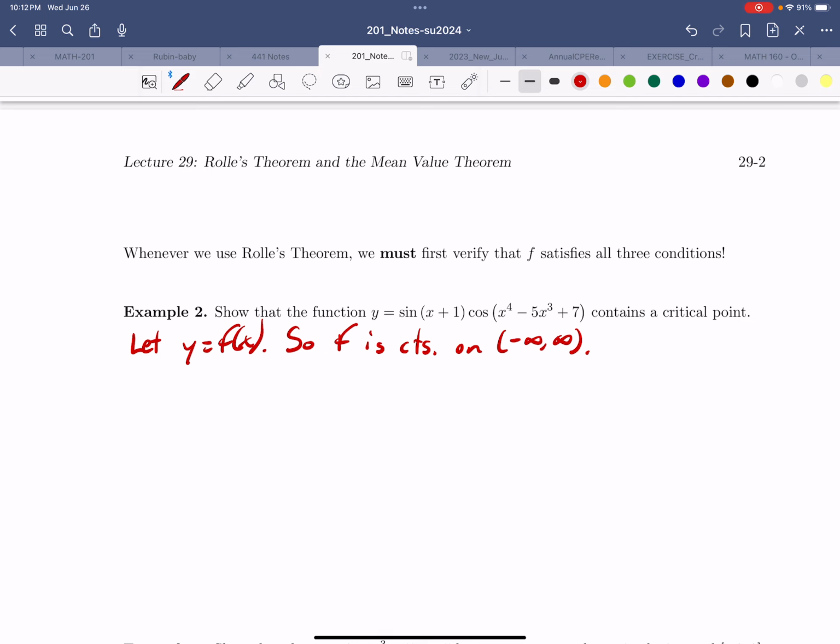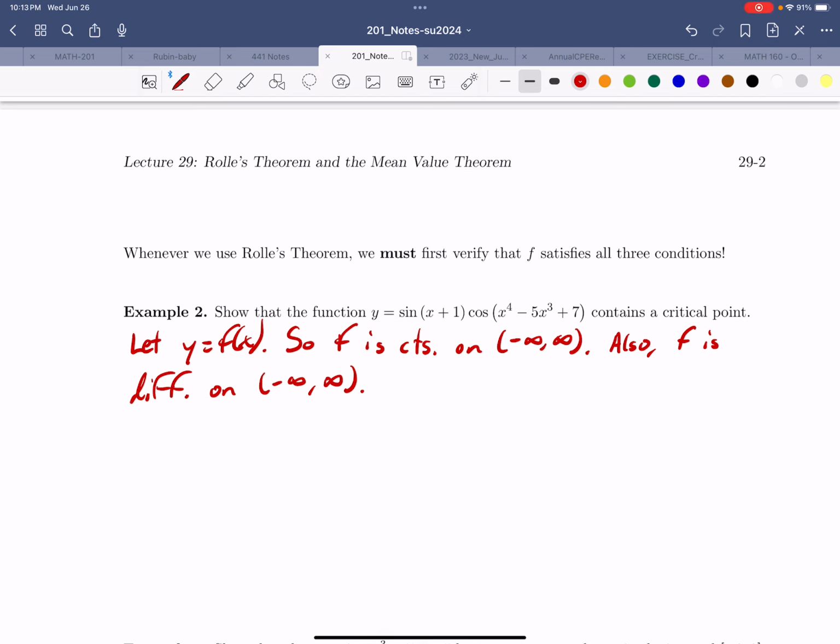All right, so it's continuous on negative infinity to infinity, so of course it's continuous on all subintervals of that, closed or open. Also, you can see that f is differentiable on negative infinity to infinity as well. We're always differentiable. All right, we're good to go with that.